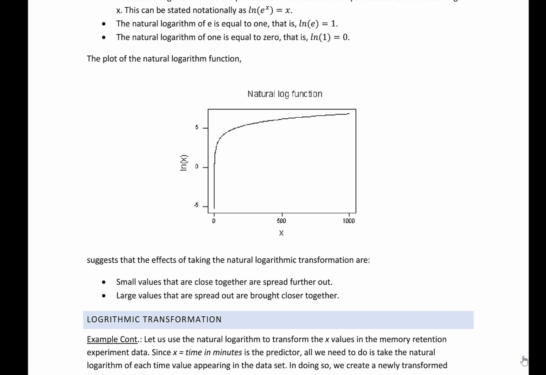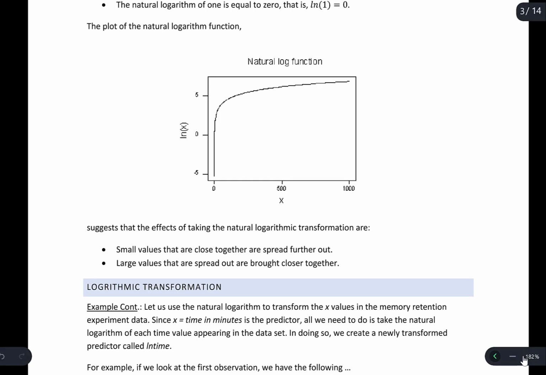When looking at this plot, we can see why this transformation can be useful. Small values that are close together get spread further out by the logarithmic transformation, and large values that are spread out are brought closer together.